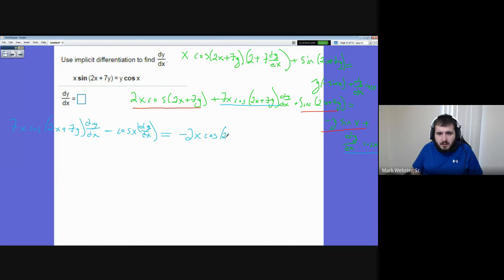Cosine 2x plus 7y minus 7x cosine of 2. Oh, wait. Sorry, minus. Copying the wrong thing. I want to copy the red ones. Minus sine of 2x plus 7y minus y sine x.